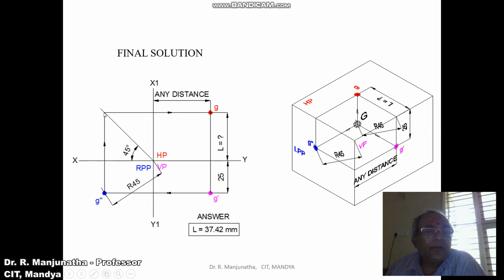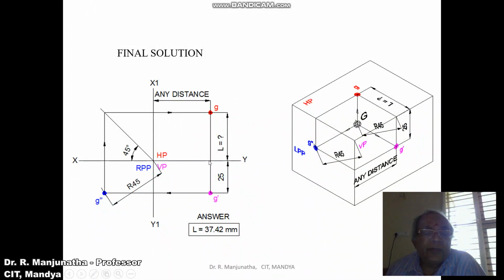Then draw a horizontal projector from here to the top view. Then draw a vertical projector from G dash to the top view. Both will intersect at this point. You mark the point as G. And then show the dimensions, which are 25 here and 45 here, and this 45 degree here.